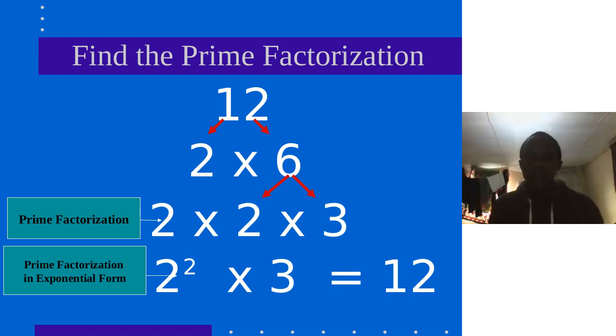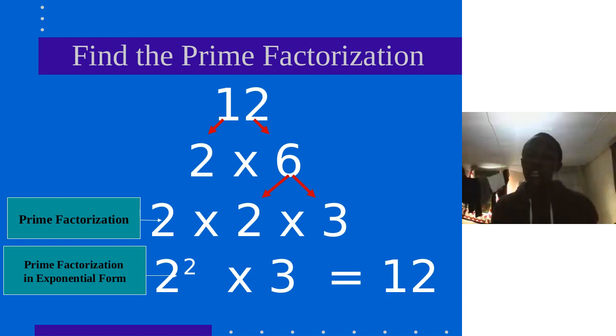Another one is 12. Start from the smallest value that can divide that number, and the smallest factor is 2. So when you divide 12 by 2, you obtain 6. You divide 6 by 2, you obtain 3.